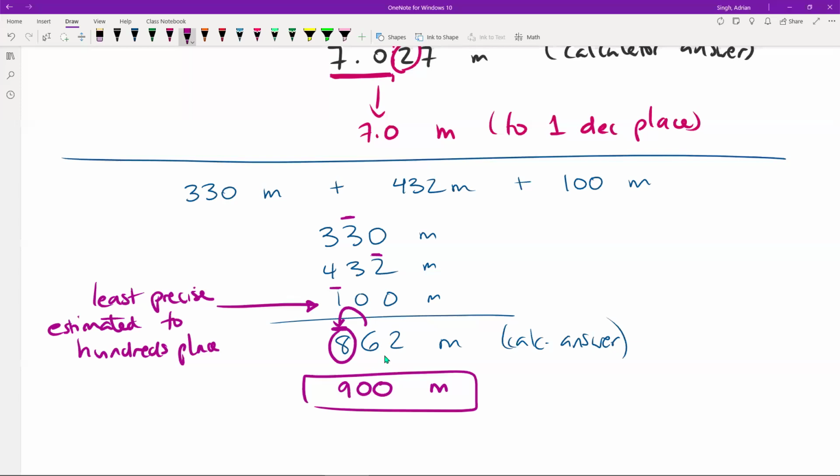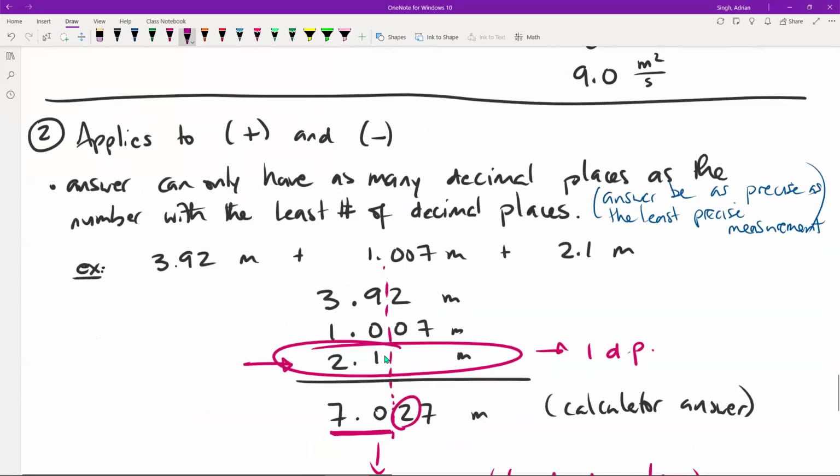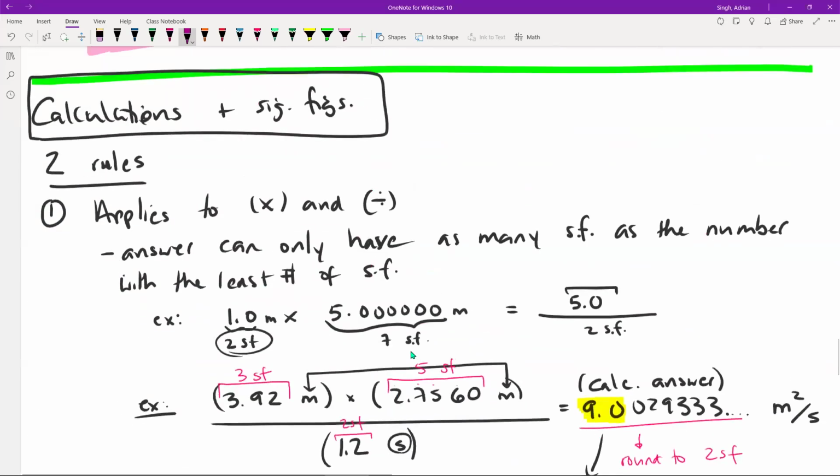So there are 2 different rules. One for addition and subtraction, where you look at the least precise measurement. One for multiplication and division, where you look at the number of sig figs. All the rules here still fall under the same umbrella, which is that the final answer really can only be as precise as the least precise measurement. Similarly here, we're multiplying 2 sig figs by 7 sig figs.